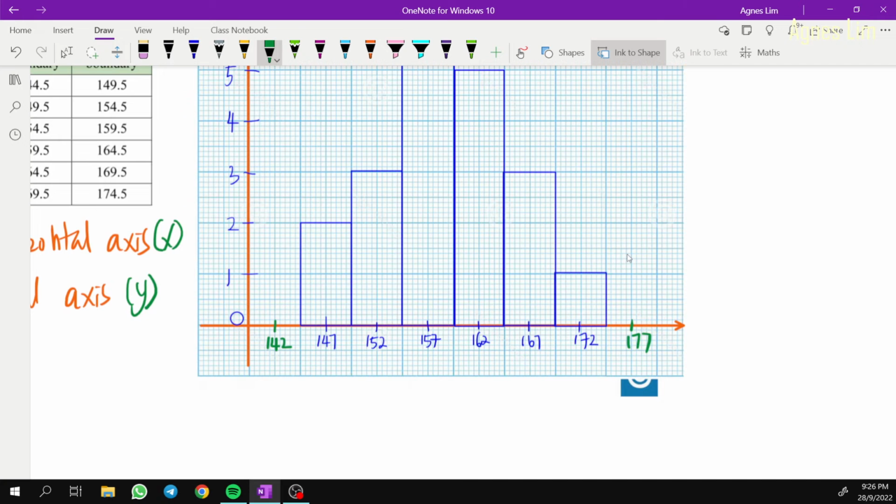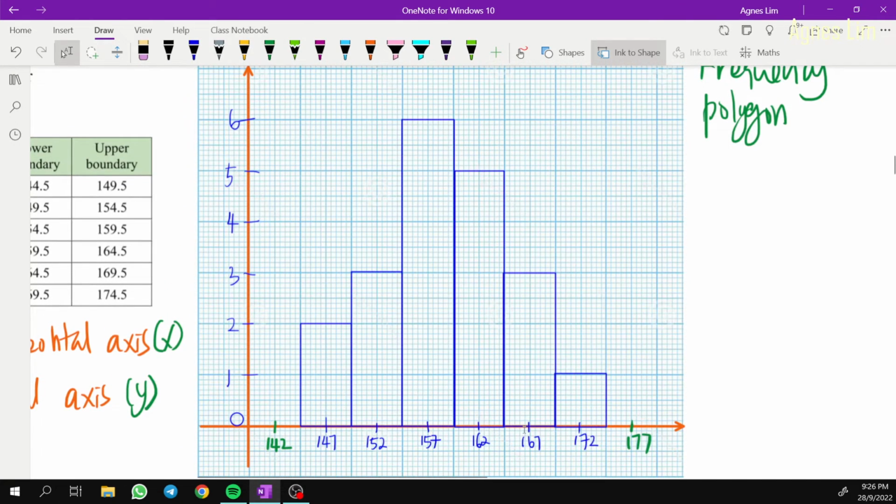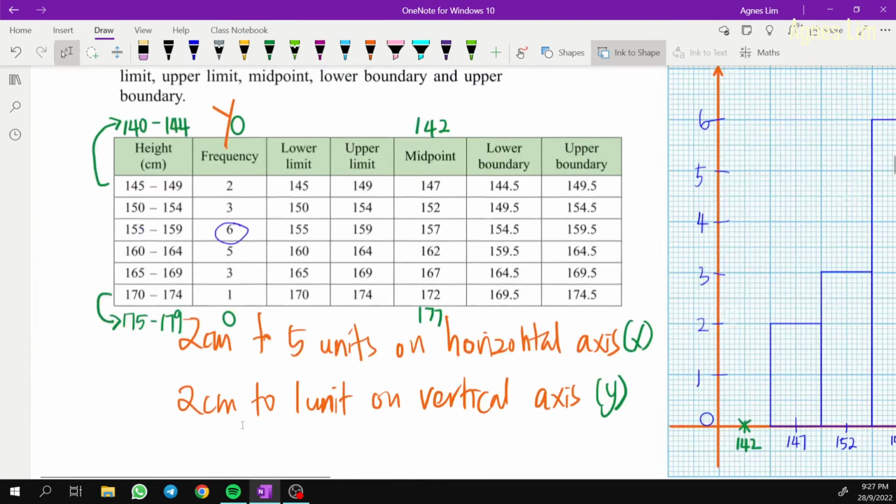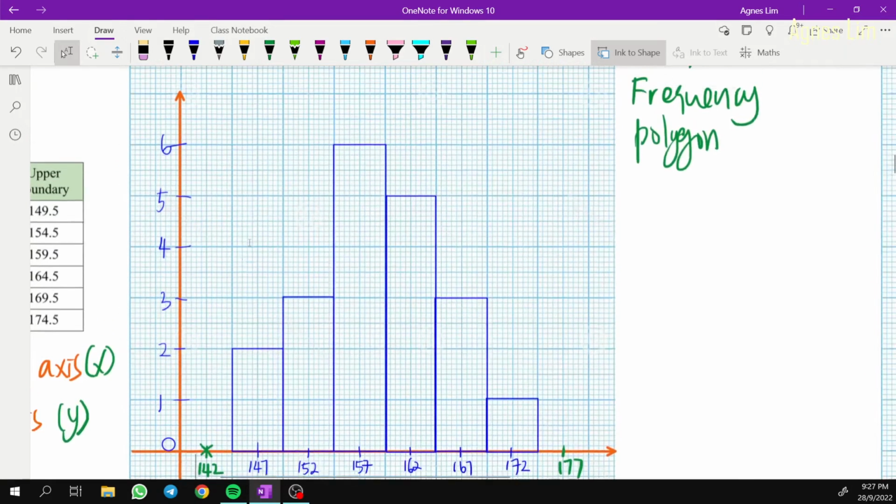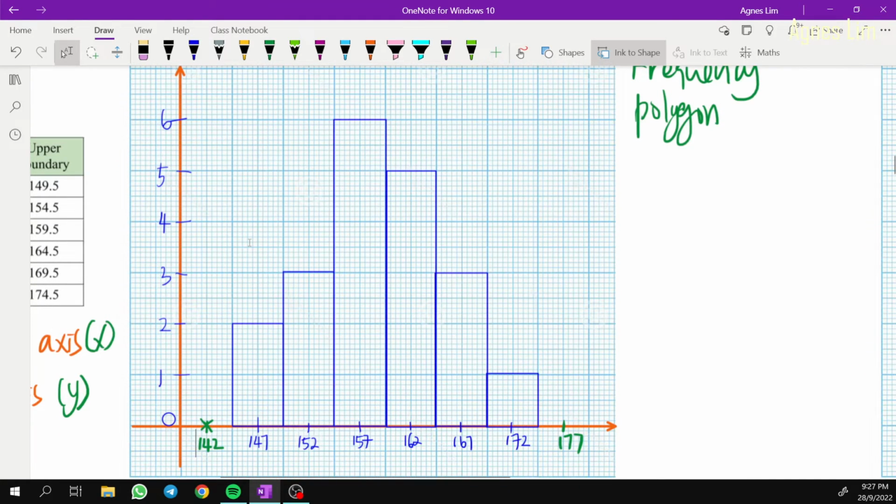Okay, so 142, 177. Frequency polygon only uses midpoint, and it uses frequency as well. Because 142 doesn't have frequency, we'll start here, at the bottom, the 0 part, and then we'll mark it on the midpoint of our histogram with the same frequency as the table, because the question says they want frequency polygon on the same graph.